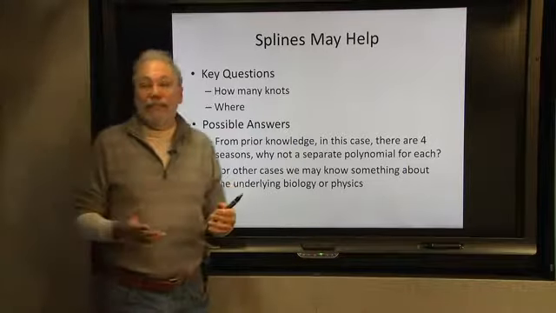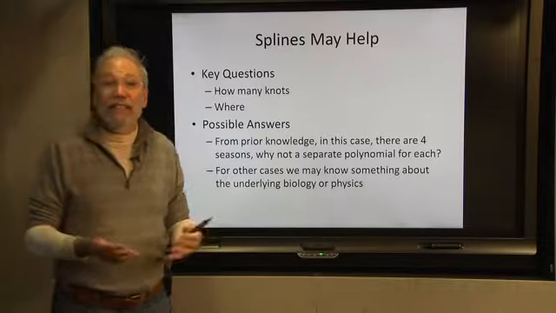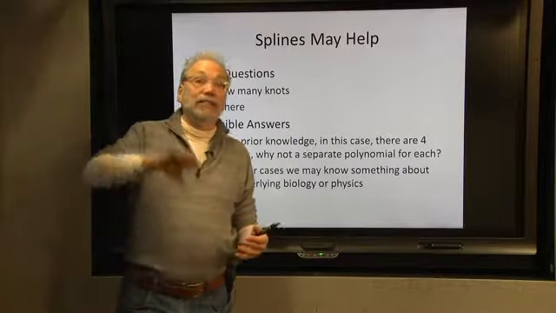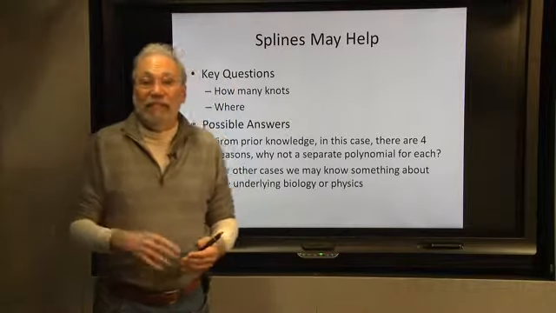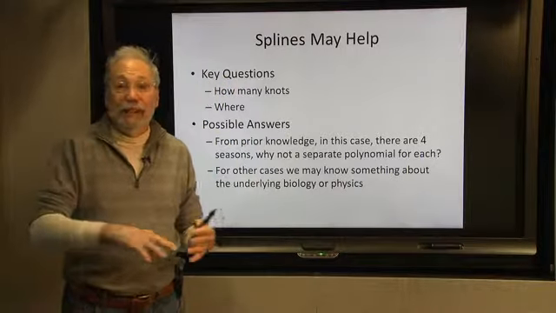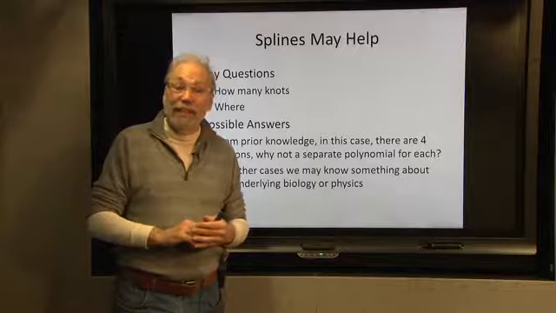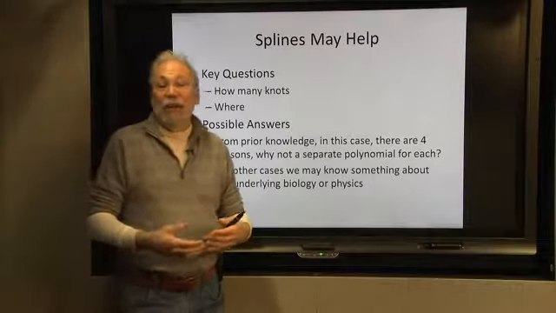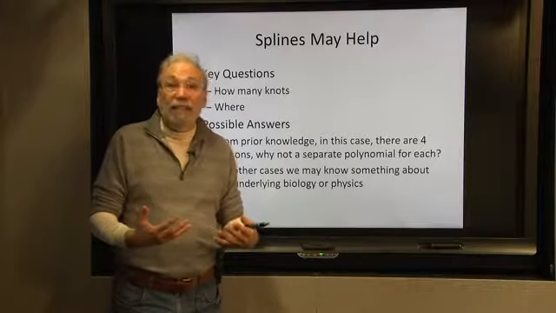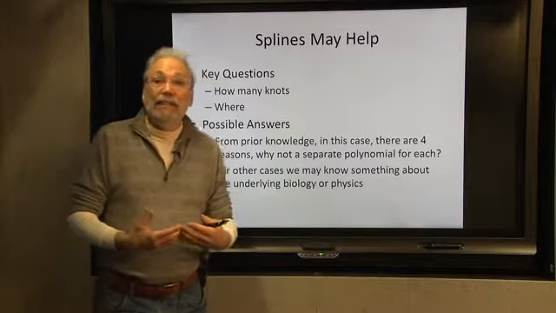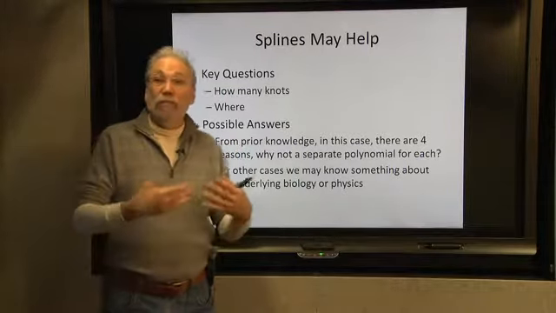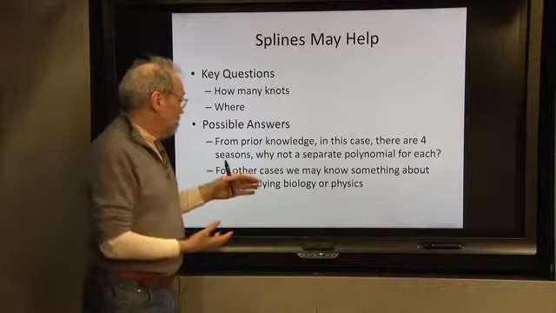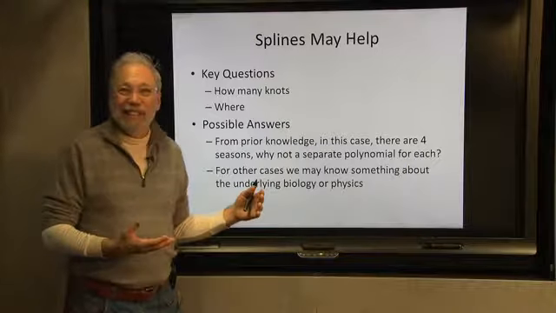Now, in some cases, we don't have prior knowledge of season, but we have prior knowledge of physics or biology. So if I'm trying to fit some atmospheric phenomena and I know something about weather patterns, that may help me. Or if I understand something about how a biological variable is controlled, blood pressure, for example, that might help me. But sometimes I don't.